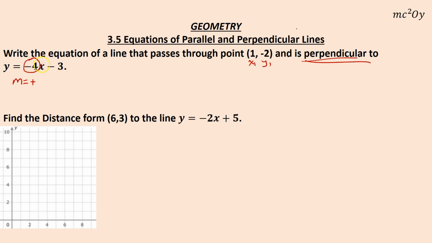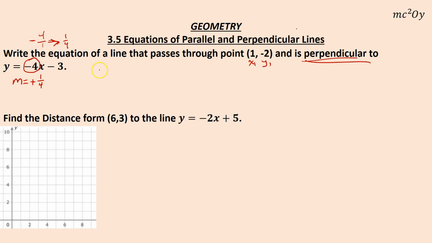Well, the reciprocal of 4 is 1/4. Just flip it upside down. So 4 as a fraction is 4 over 1, and then that becomes 1/4. Okay, and it was negative, so we'd have positive. So our new slope is 1/4.